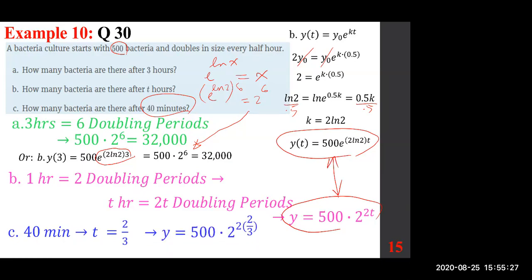I highly recommend, I did one of them. I highly recommend you do the other one and come up with the answer. By the way, we are looking at the number of bacteria. So you just write the answer and do the approximation by changing it to a whole number accordingly. That's extremely important. Okay, class?